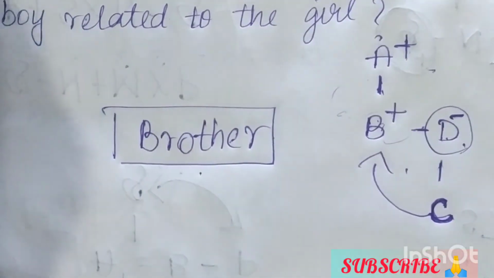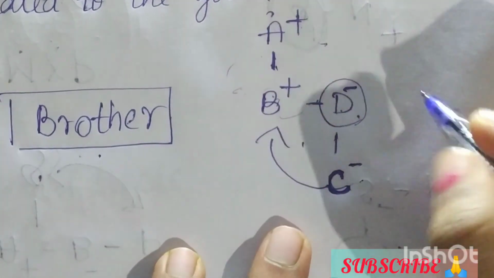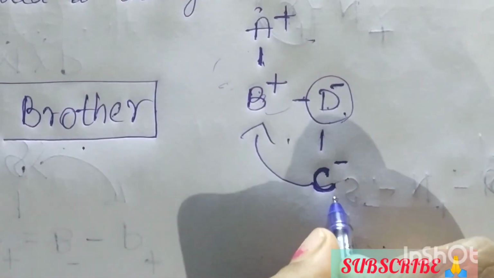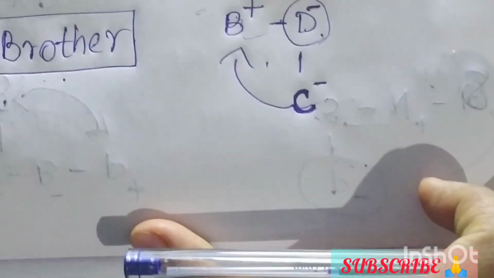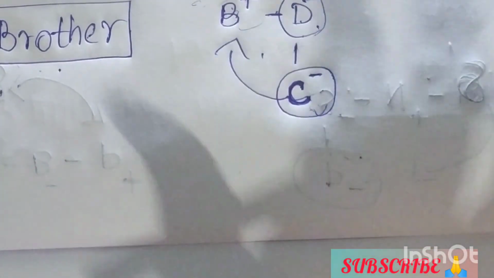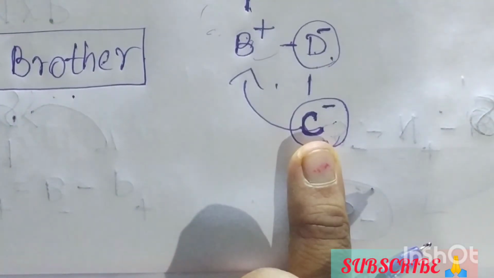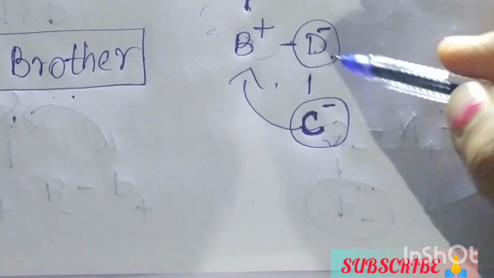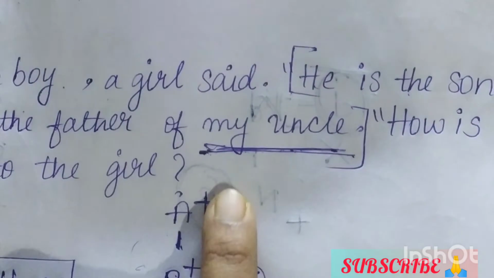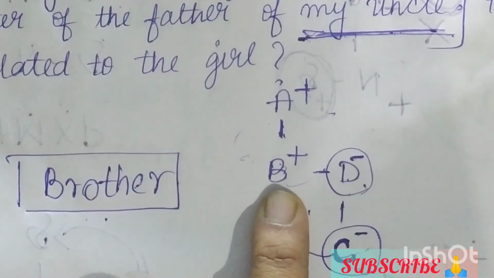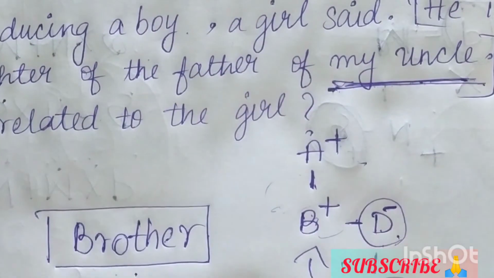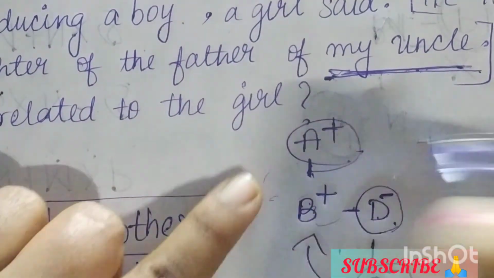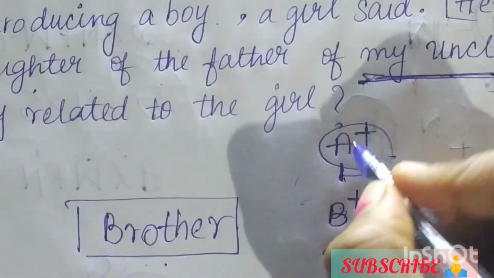See, it is brother because of what they told: introducing a boy, a girl said. So here C will be a girl. What they told: my uncle. B is my uncle. C's uncle is B. Then father of my uncle, then father is A. Then daughter of the father is D, right?